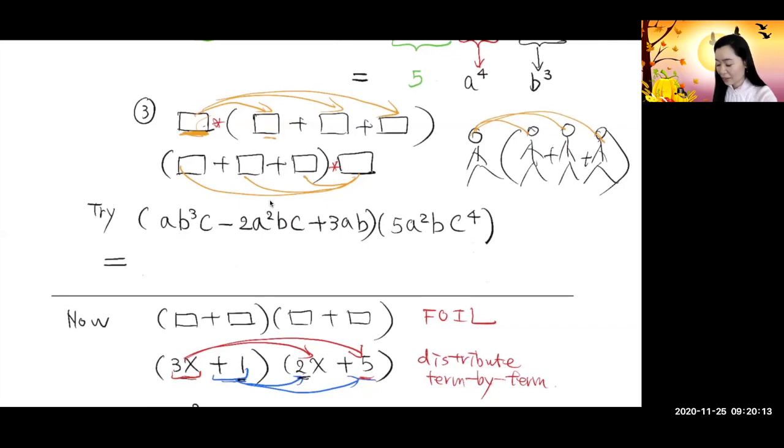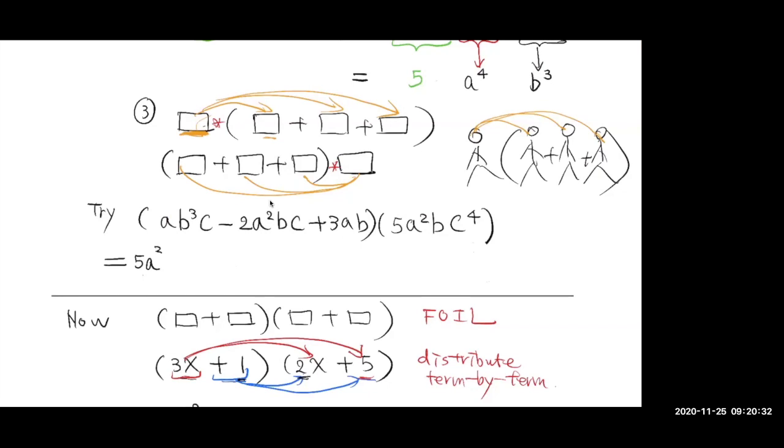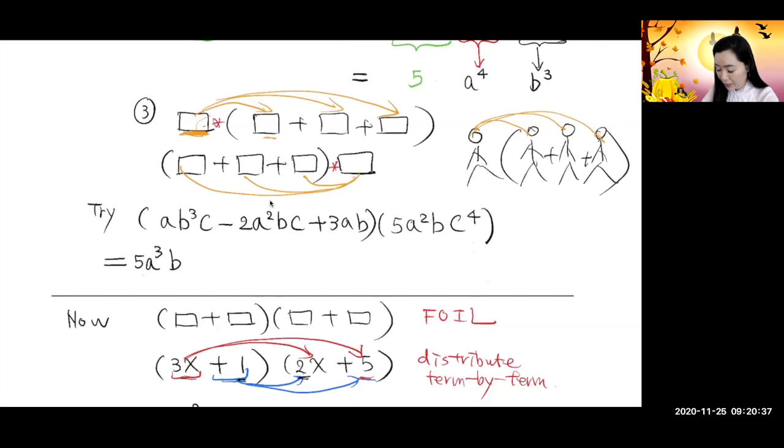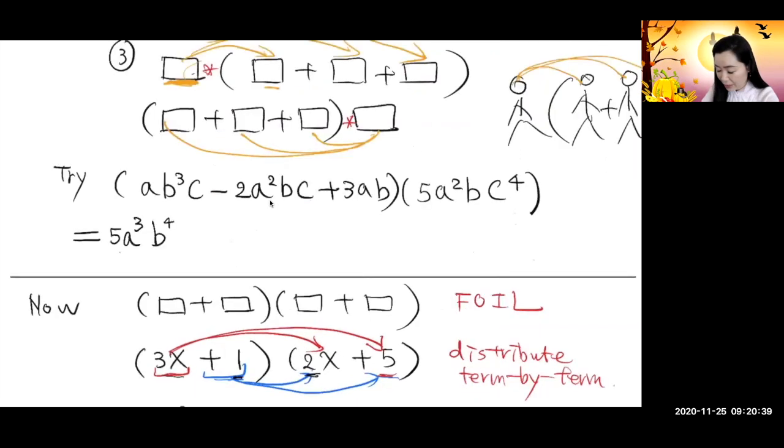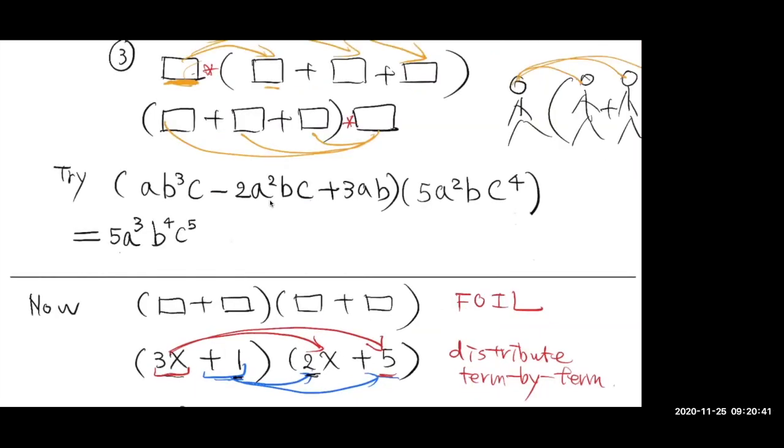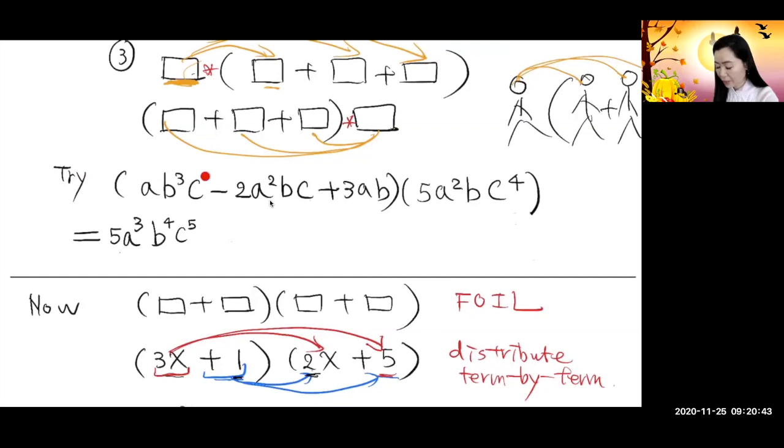This one times this one, what would this be? 5a to the third power. Second power plus first power added together is third power. And then b to the fourth power, and then c to the fifth power. Yes, you got it. You add the exponents: c to the first times c to the fourth is c to the fifth. 1 plus 4 makes 5.